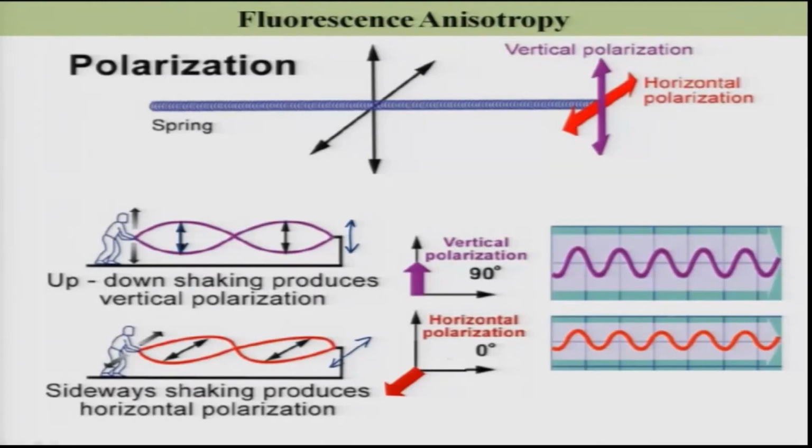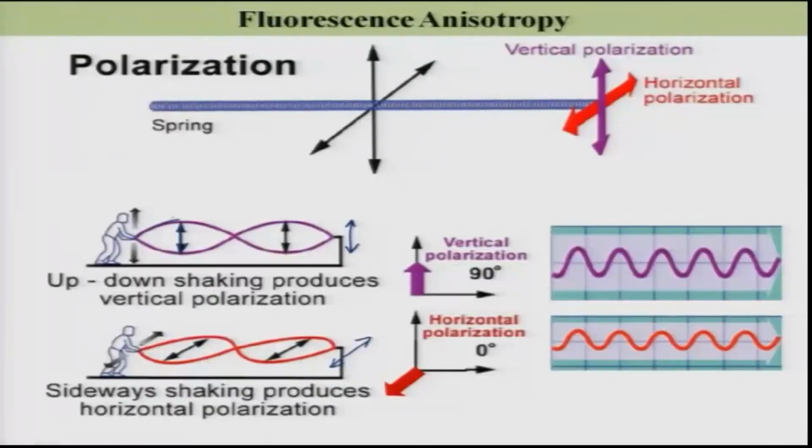Depending on your wish, you can oscillate the spring either in the vertical or horizontal or any direction in between. If you consider a normal light source, and this is the electric field of this light source, then the oscillation of this electric field could be in any direction, either vertical or horizontal or any direction between the vertical and the horizontal.